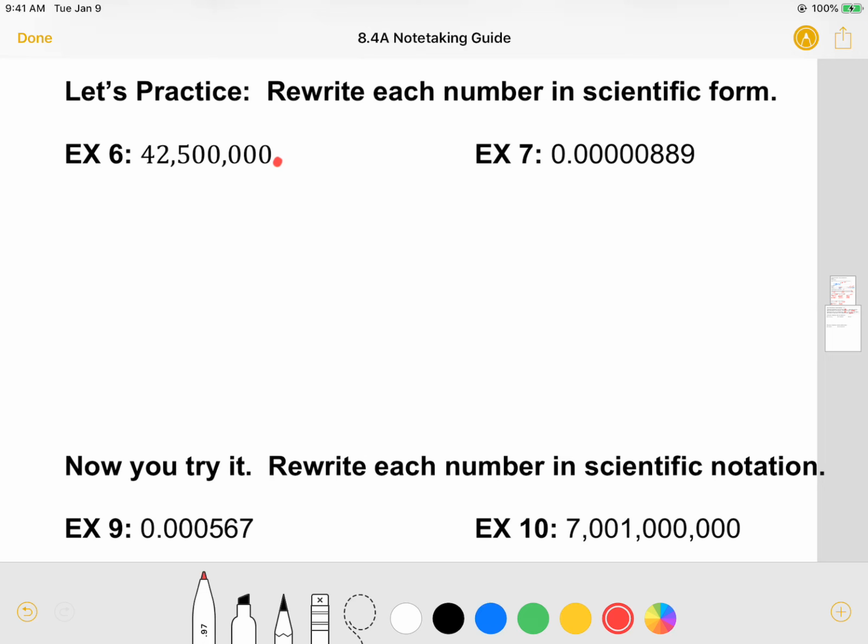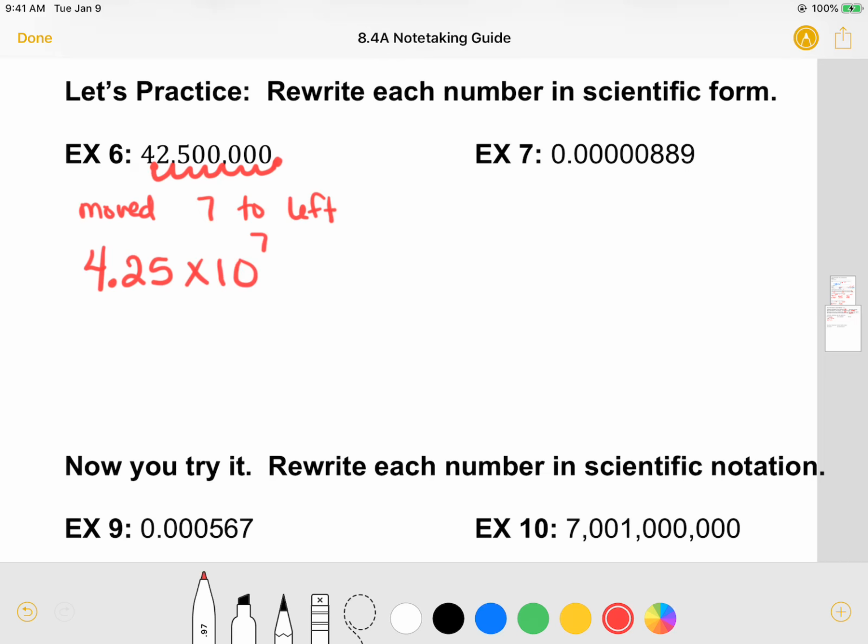So I'm going to move the decimal to the left, and I'm going to keep track of how many times I move it. 1, 2, 3, 4, 5, 6, 7. So I moved 7 to the left. Now what we have is the number 4.25 times 10 to the 7th power.